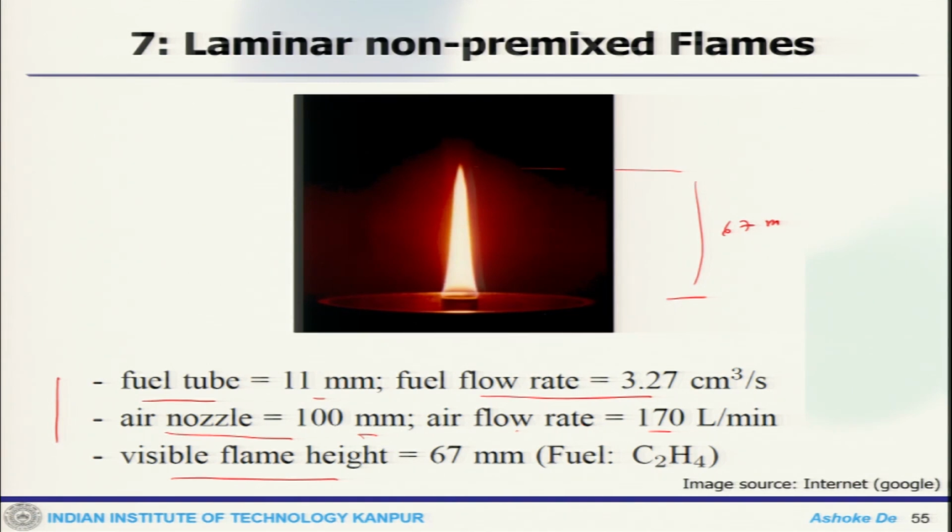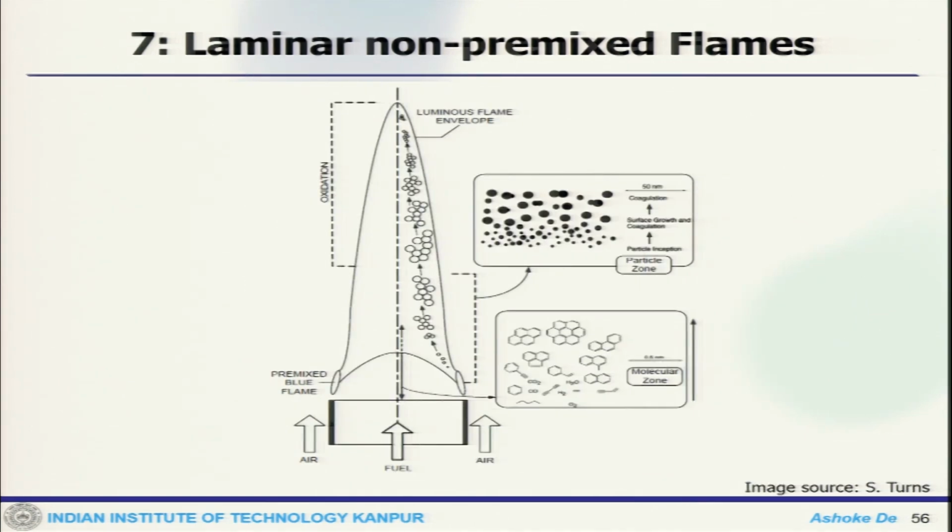The fuel is C2H4. The fuel is coming through this nozzle or tube, and this is where air comes in. So, the fuel will try to go like this, the air will try to enter in, and the reaction will take place along the stoichiometric situation.